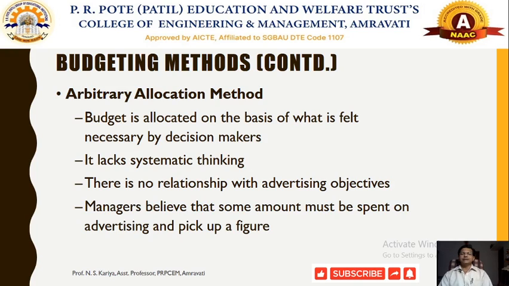Here there is no relationship with the advertising objectives and other related tasks, and managers believe that some amount must be spent on advertising, and we need to pick a figure, maybe to increase or to decrease the advertising.